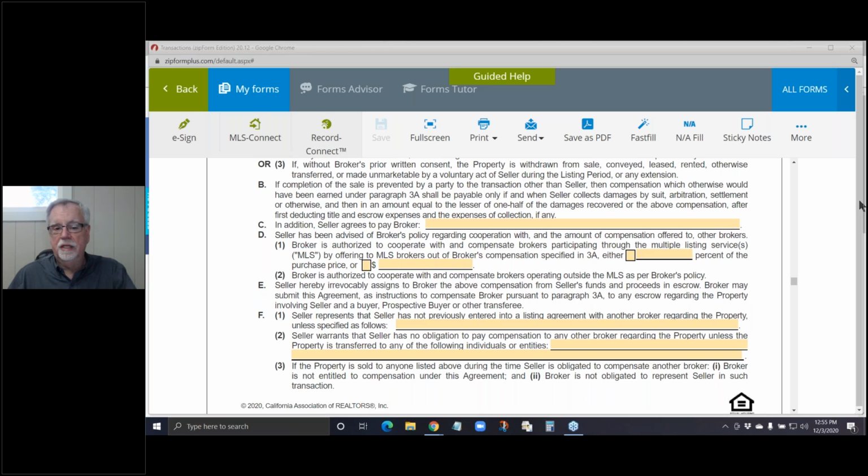What this says is the broker gets half. That's what it says. It says here an amount equal to 1/2 of the damages recovered or the above compensation, right? Which means obviously 1/2 of the deposit is usually a lot less than the 6%.